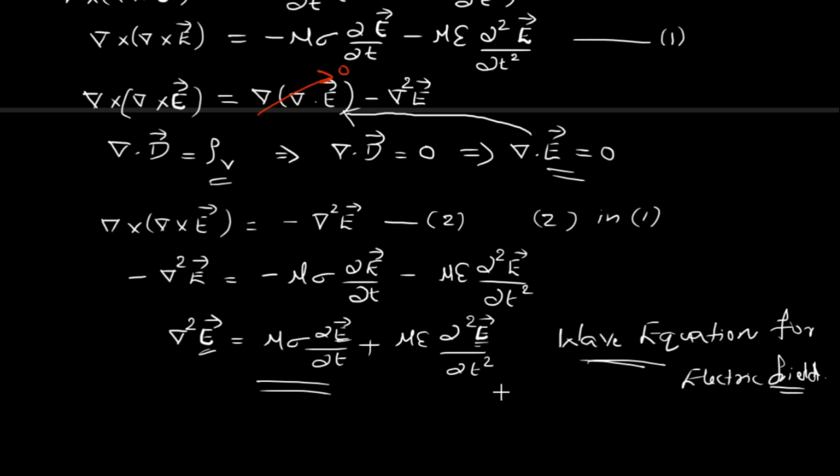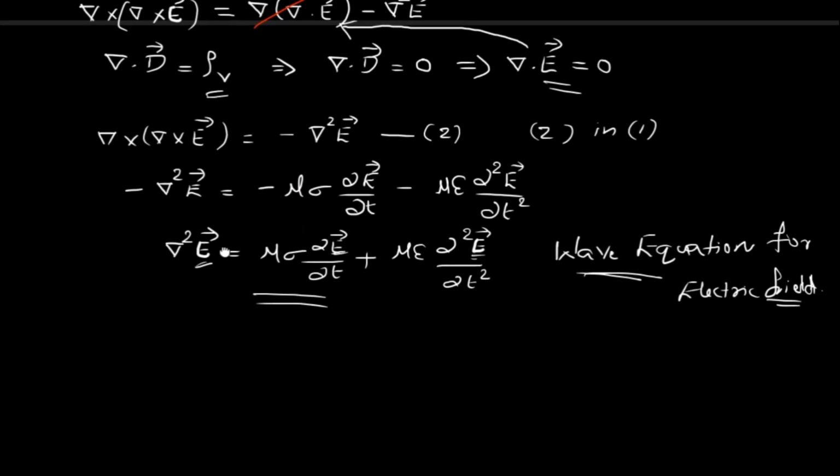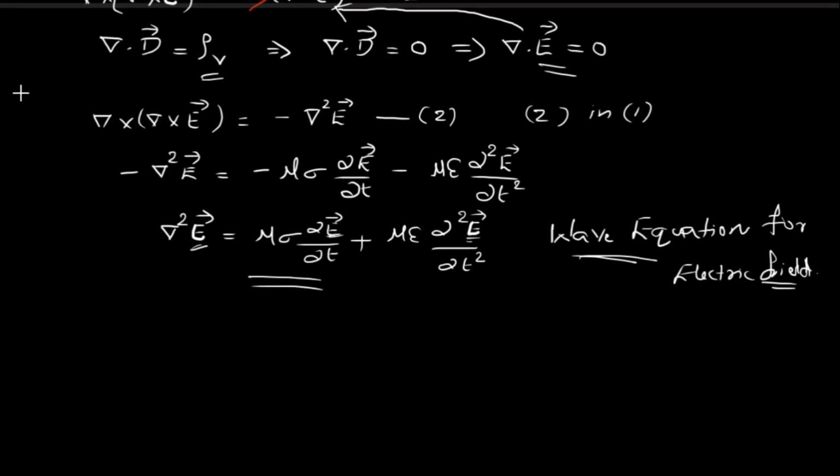Before going to the wave equation for magnetic field, it is nice practice to rewrite this equation in terms of the D vector also. If I multiply epsilon on both sides of this equation, I get epsilon E everywhere, which is nothing but the D vector. So I get the same equation in terms of D vector: del square D equals mu sigma del D by del T plus mu epsilon del square D by del T square.